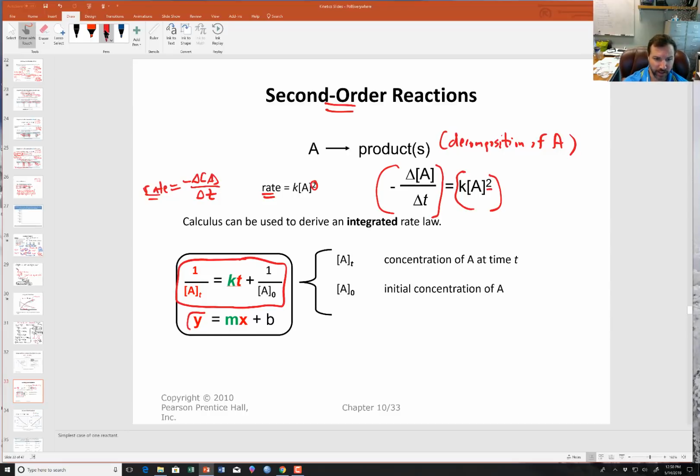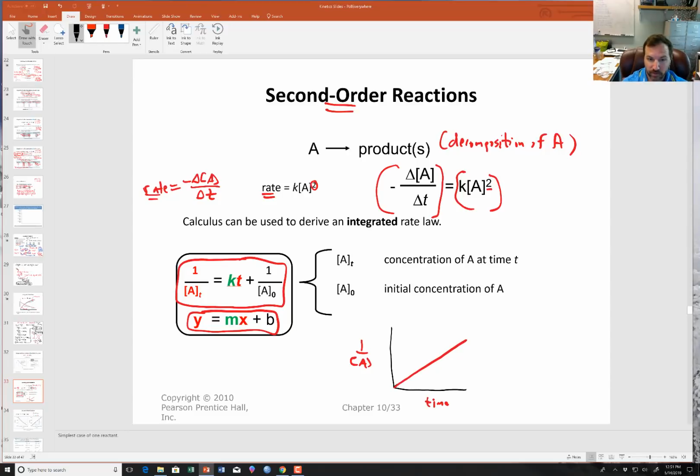So now again we have a y equals mx plus b type of equation. And so now we can plot 1 over concentration versus time. And if we do that, we get a plot that looks like this.